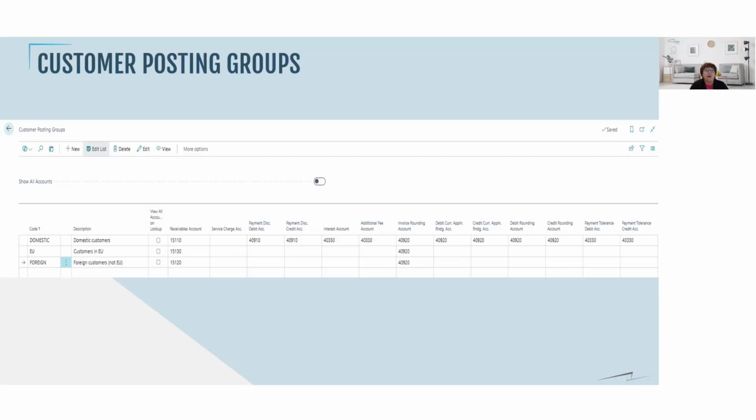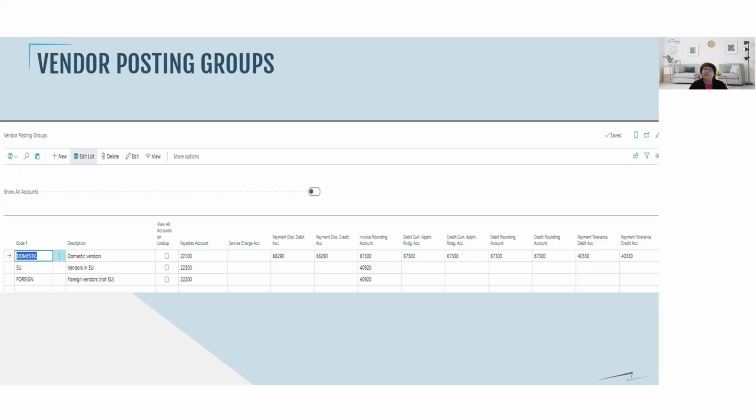But the key thing to call out here in the customer posting group is you can identify those different customer posting groups for reporting purposes, but you can always drive to the same receivables account on those customer posting groups. So customer posting groups give you a way to identify a different set of customers, but still drive to that same AR account. Probably an easier example of that would be the vendor posting groups.